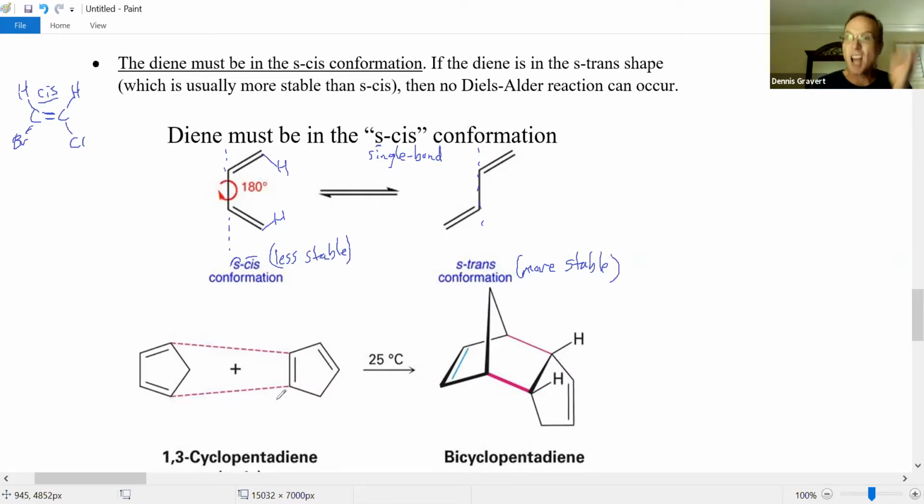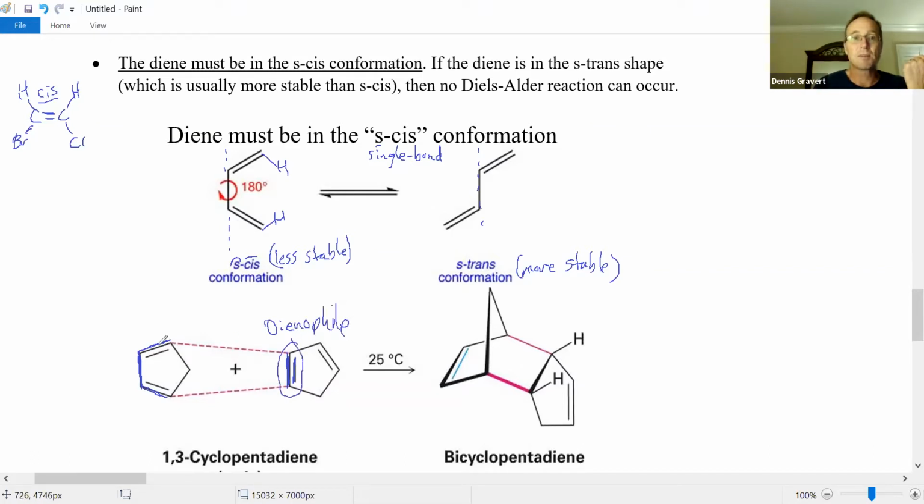Other molecules can be locked into the s-cis, right? So about this single bond, the double bonds are always in the right shape. And so it turns out that right here is a diene, and its identical twin, another 1,3-cyclopentadiene molecule, can use one of its double bonds as a dienophile.